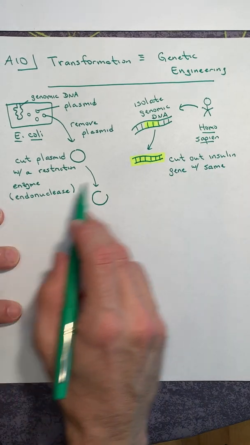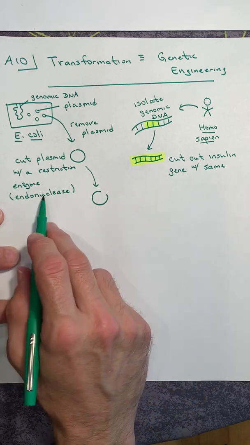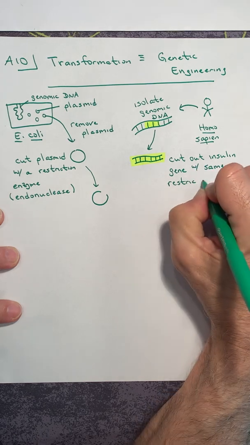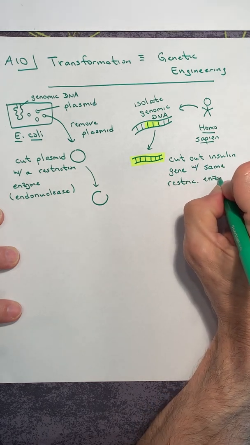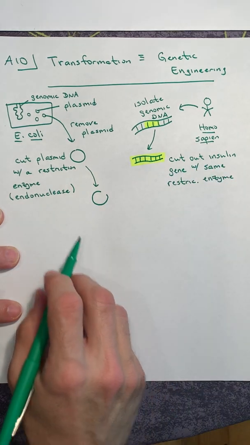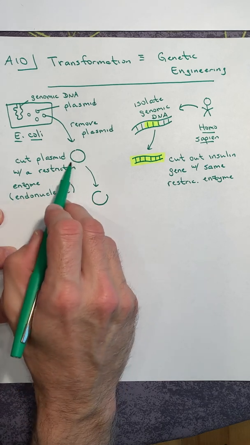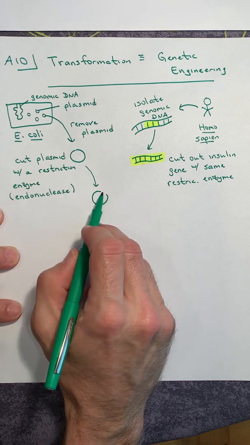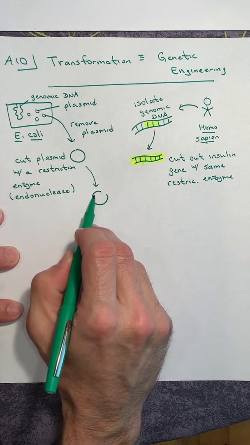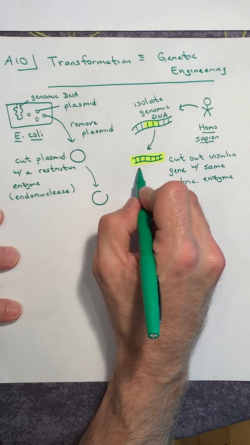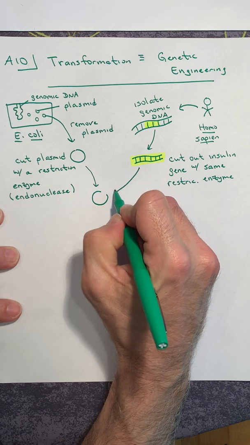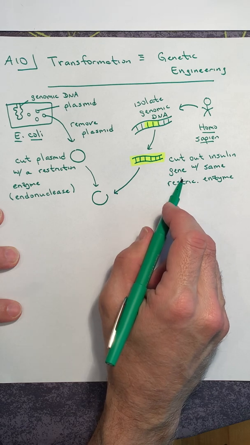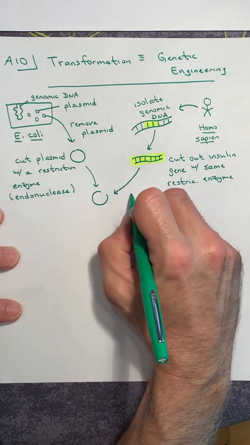You use the same restriction enzyme with both of your DNA samples. All right, so you have a circular piece of DNA from the bacteria. You've taken that circle and you've cut it, so you've nicked it and you've opened this circle. So now what that allows you to do is that allows you to insert or combine the insulin gene with the plasmid.